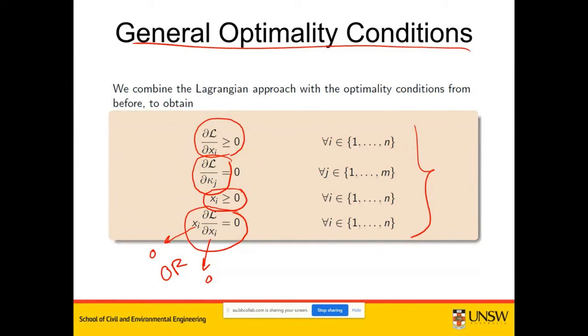So if these optimality conditions are met, you can be sure that each of the xi's you get is the optimal solution for the problem.